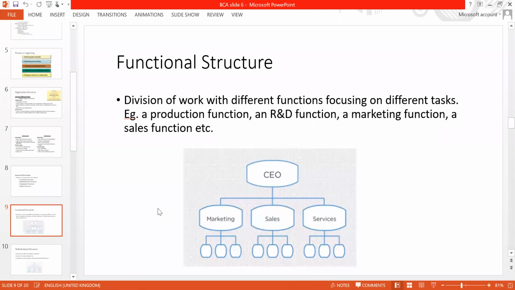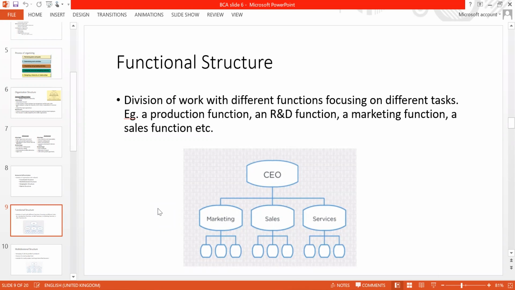So even if you have multiple products, your organization को multiple products भयो भने पनि, this marketing department will look after the marketing of all the products that your organization deals with. Sales does the same thing, and services is also for all the products that you have. So this is how the organization is structured, and this is called the functional structure.